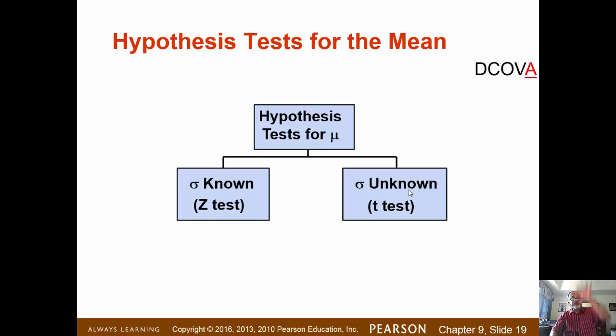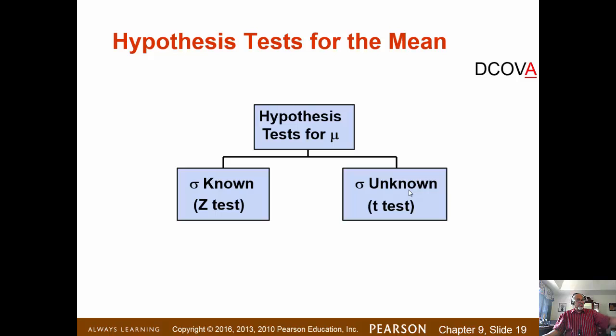Similar to chapter 8 in confidence interval, where we first looked at a case where sigma is known, where we used z, and then when sigma is unknown we used t. Same here, when sigma is known we will use a z test, sigma is unknown we will use a t test. Now sigma being known is not common. It's very unusual, but sometimes you may have the value available.